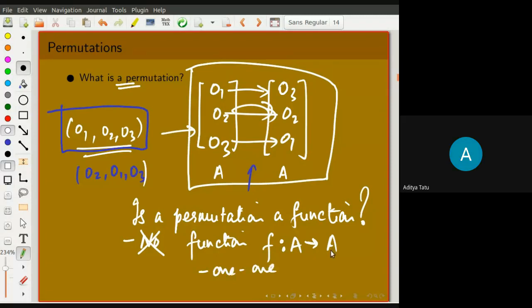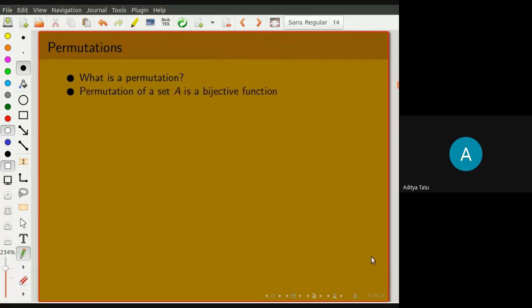Not onto? Onto also. If it is not onto, that means we have taken away one object, isn't it? Yes, sir. Okay, so one to one and onto, which is basically a bijection. So that is what a permutation is basically. A permutation of a set A is nothing but a bijective function on A.